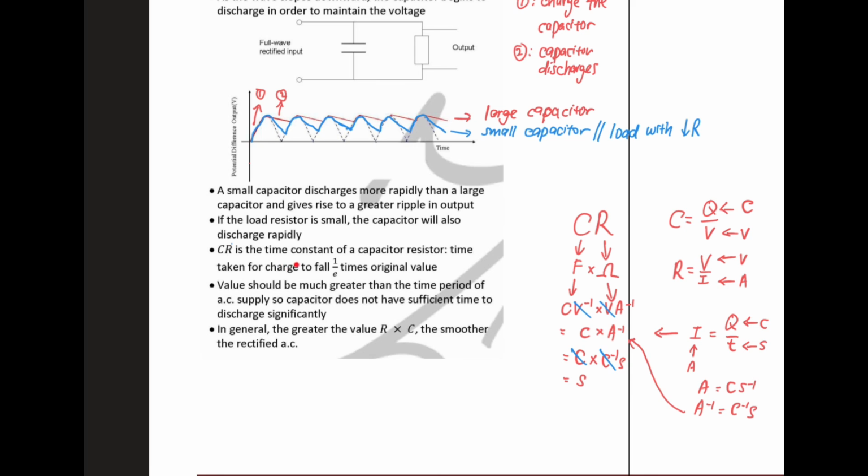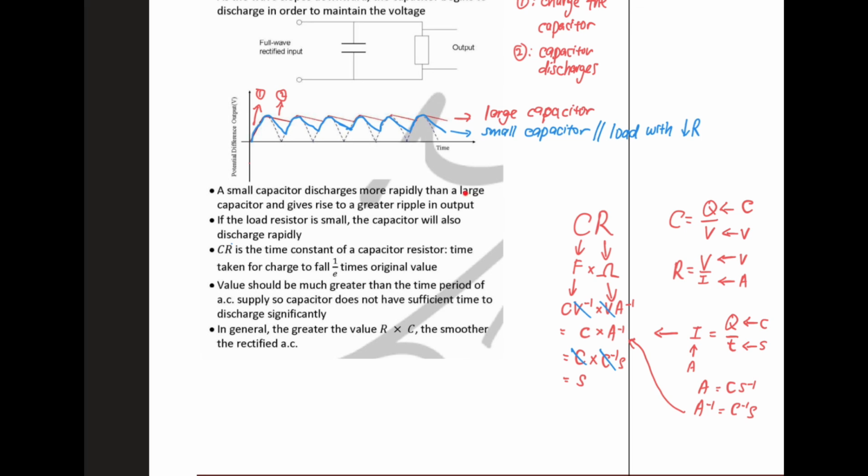With this time constant, we can decide something like this. If the CR is big, then it will take a longer time to discharge to 1 over e of the original value. If CR is big, it takes longer time to discharge, in other words.